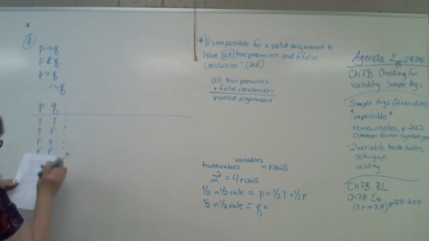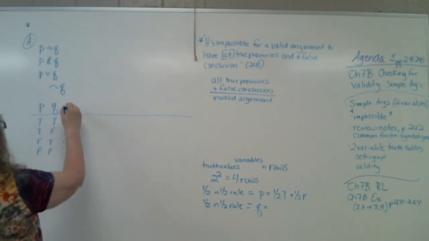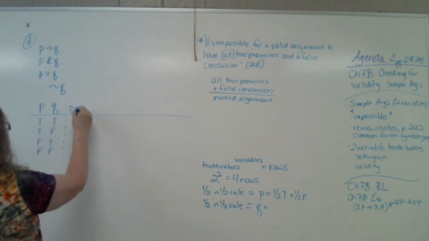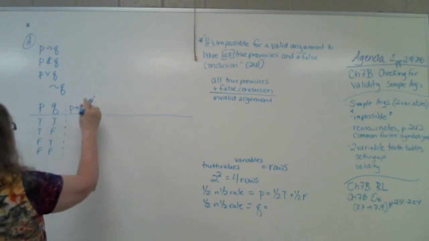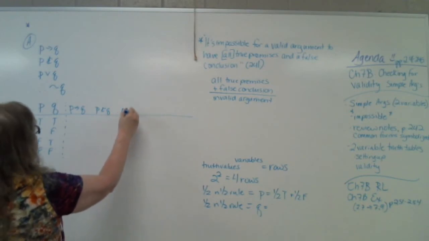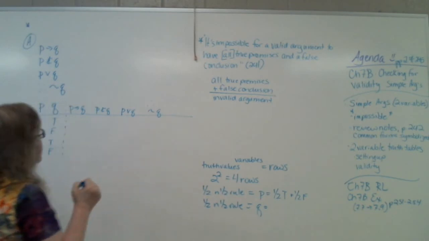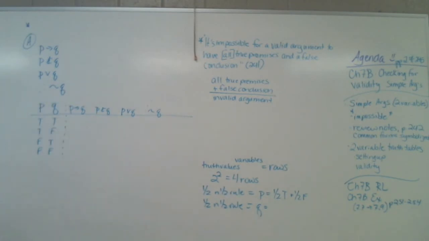That's with parentheses. Anyway, if P then Q, here are my premises, each one gets its own column. P and Q, P or Q, therefore not Q. I have a little bit of work to do.